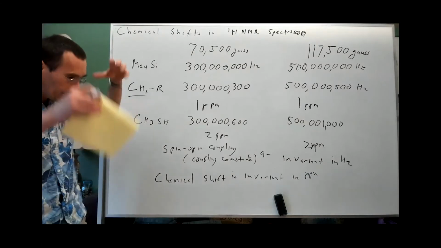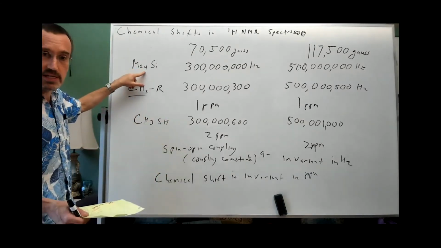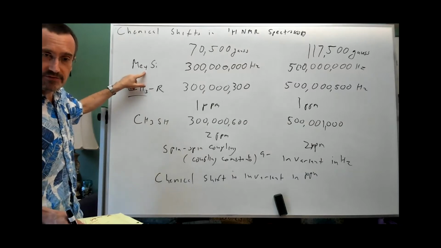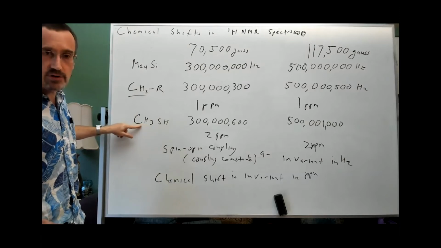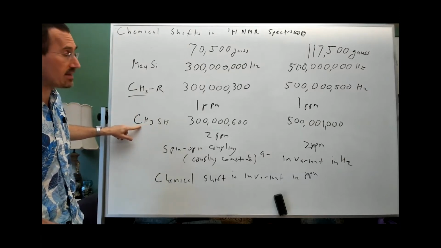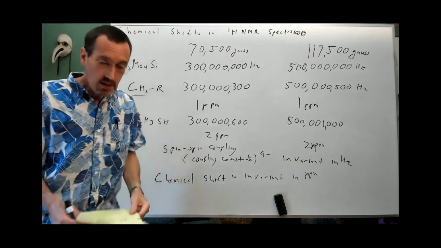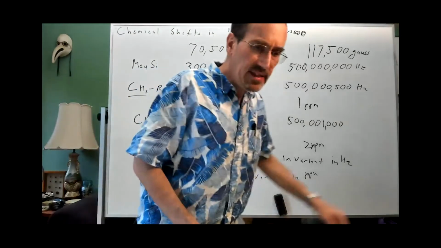In other words, the electrons surrounding the methyls here protect it from the applied magnetic field more than the electrons surrounding the methyl hydrogens over here in methane thiol. So, questions or thoughts at this point?